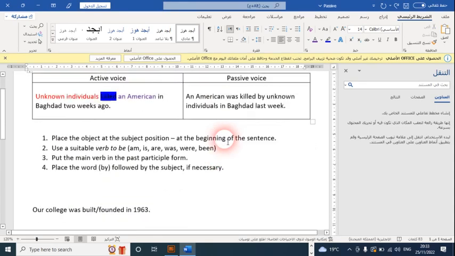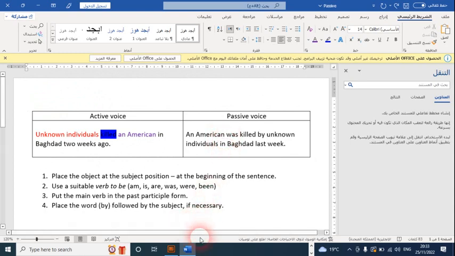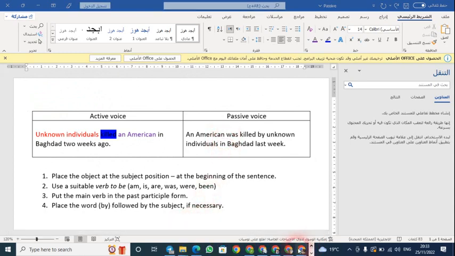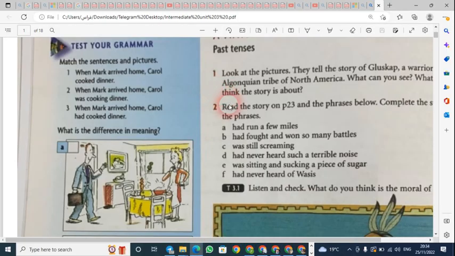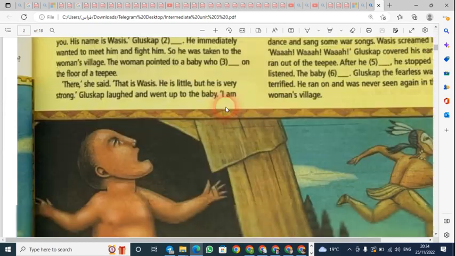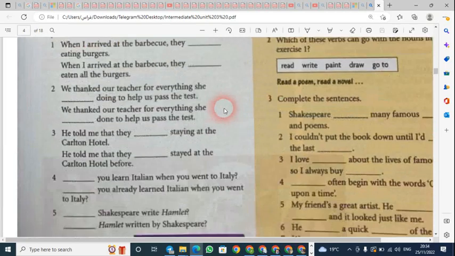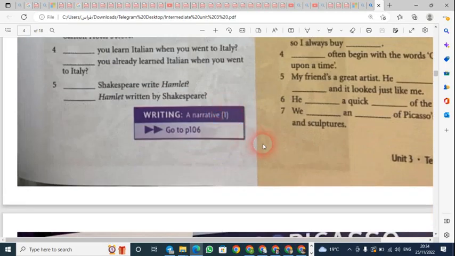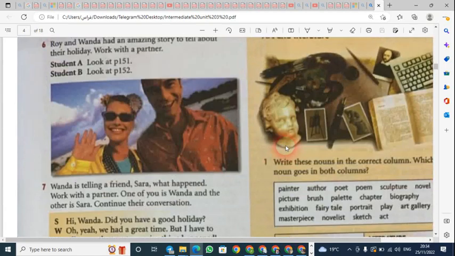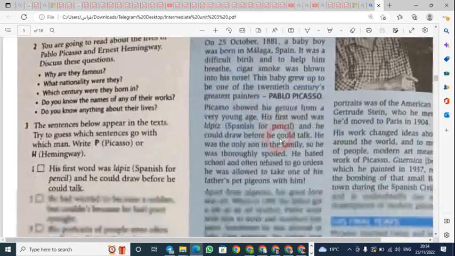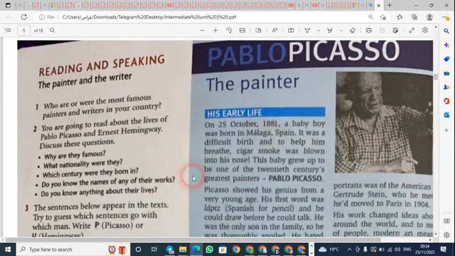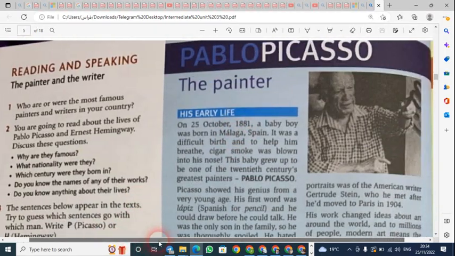So let's get back to the book. Here the passive features heavily in this passage, which has two parts.